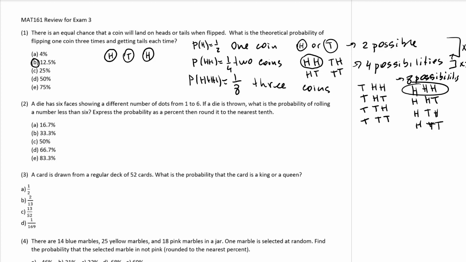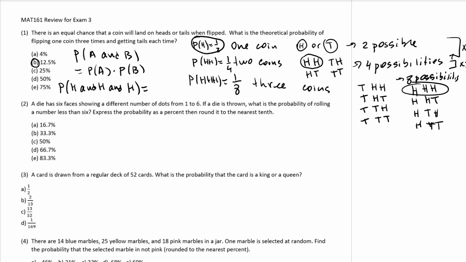So instead, we have something called the multiplication rule of probability for independent events. When you have the probability of A and B happening, and one coin does not influence the other, what you simply do is multiply those probabilities. So in this case, if you want to know the probability that you have tails after tails after tails, you multiply the probability of the event of getting 1 tail by itself 3 times.